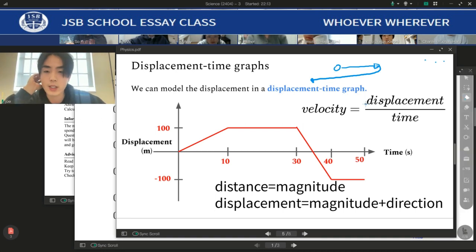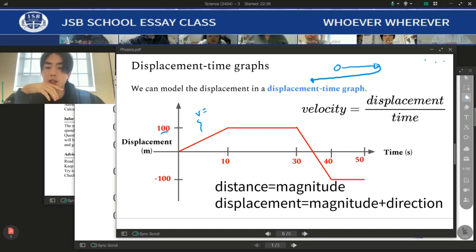Alice, what do you think the velocity is in the first journey? 5? Remember, it's displacement divided by time, right? So what's the displacement? 50.